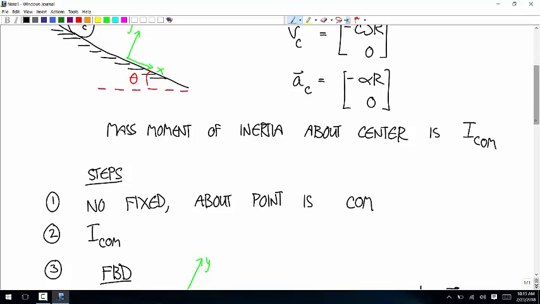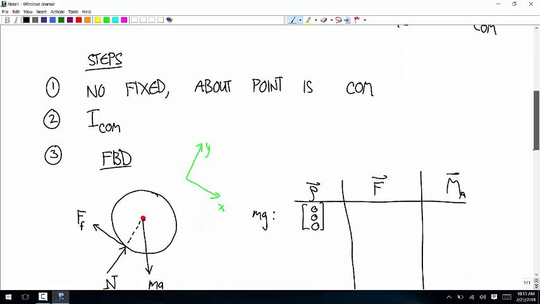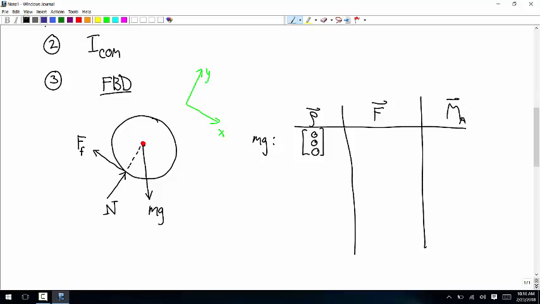And so this force vector is going to be mg sine theta in the x component, and the y component is going to be negative mg cosine theta. And there's no moment.